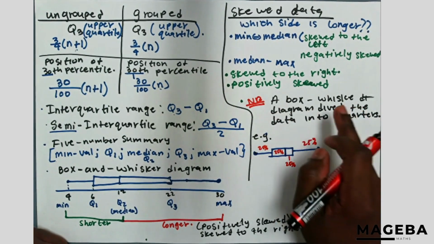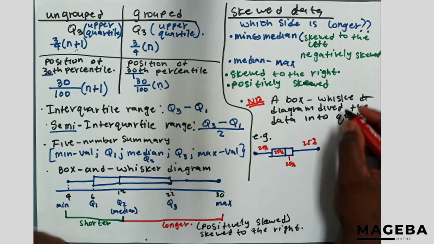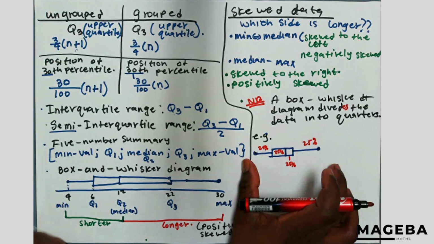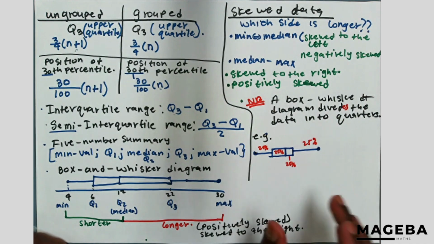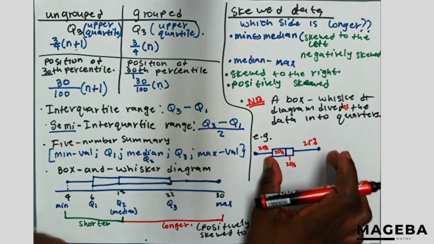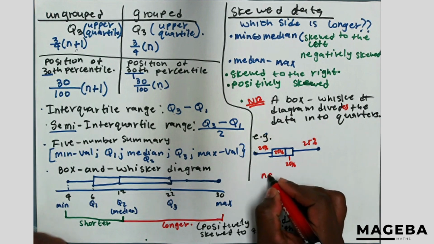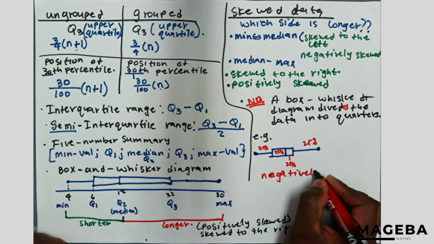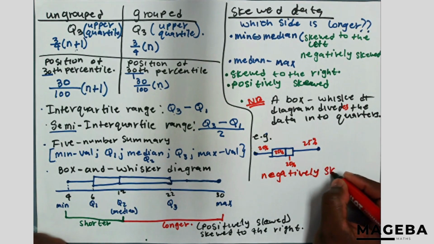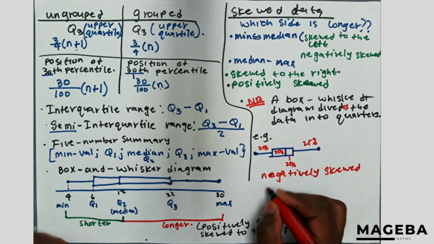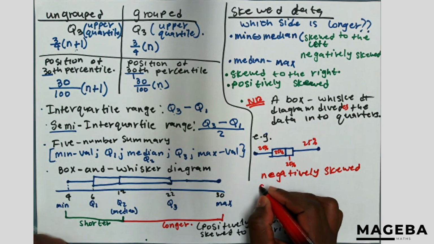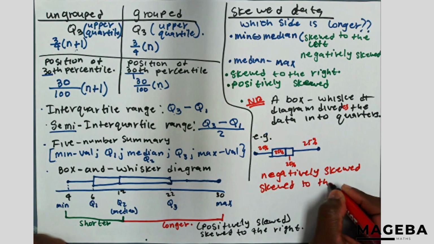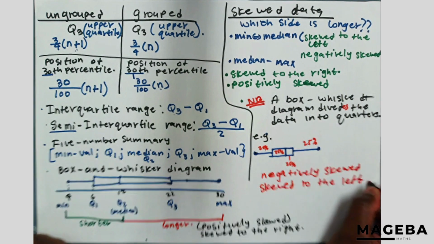Remember, a box and whisker diagram divides the data into quarters. And this one here, if you look at it, it's negatively skewed, or skewed to the left.